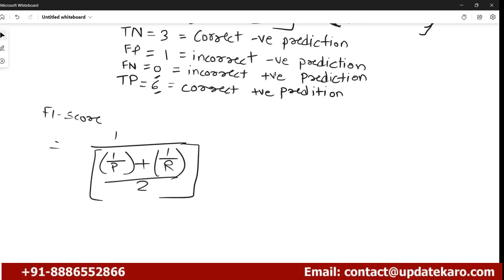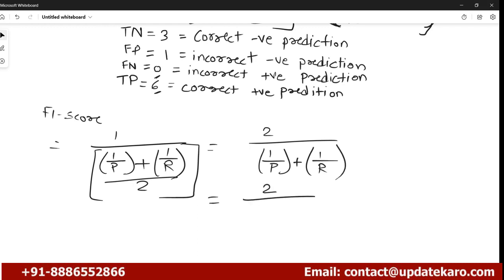After solving this, you will find 2 divided by 1 divided by precision into 1 divided by recall. I'm going to use this particular formula because it is the simplest way to memorize the F1 score, since the F1 score is nothing but the formula of the harmonic mean. So the harmonic mean you will write like this.